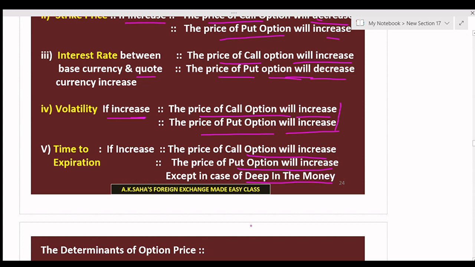This is the situation which is called deep in the money. In this situation, the option trader enjoys some benefit. Here, in time to expiration, they enjoy some cost reduction. So that's why it is written that the price of the call option and the price of the put option increase, except for the deep in the money position. They are not increased so much.